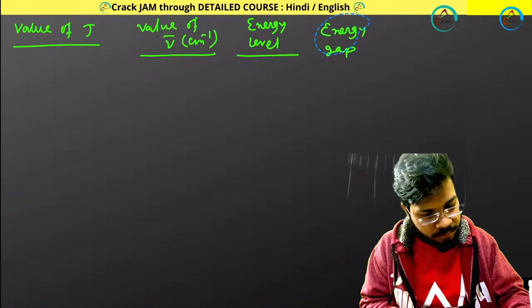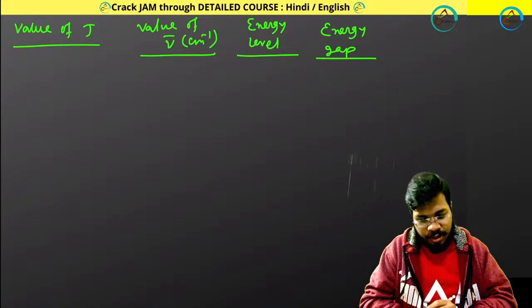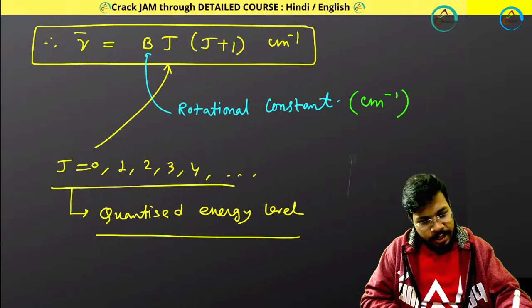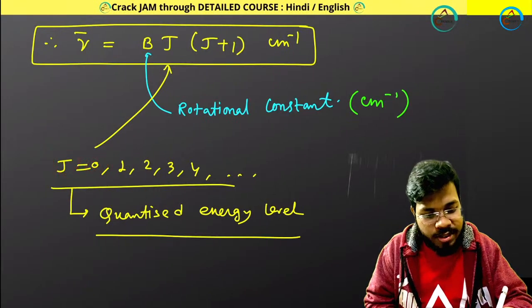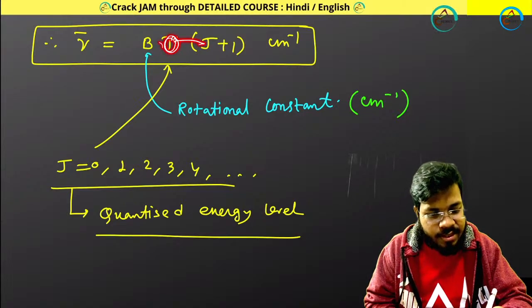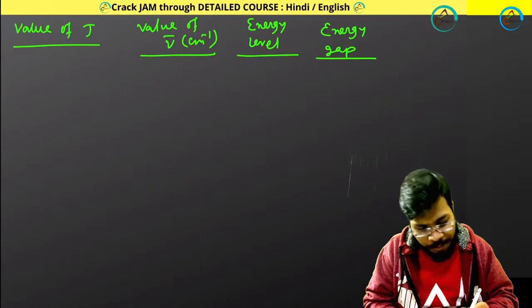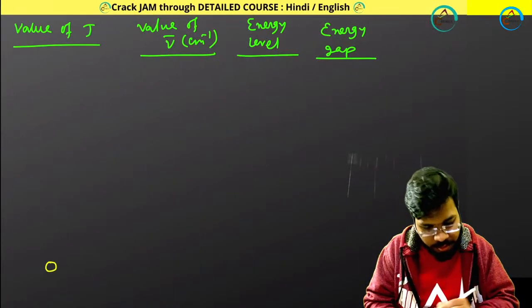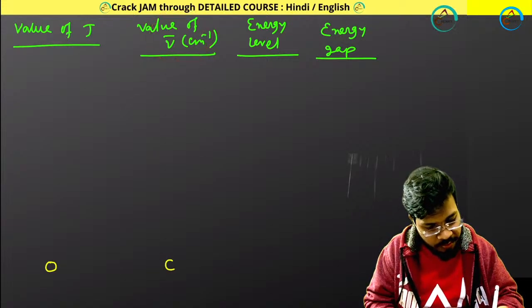So all these things I will be showing you right now. Great. So now let's check. First of all, the value of j is 0. If you put the value 0 and multiply with this and this, you will be getting nu bar, that means energy will be 0. So for j equals 0, the value of nu bar will be again 0. Perfect.